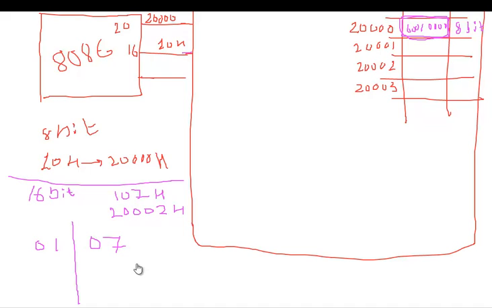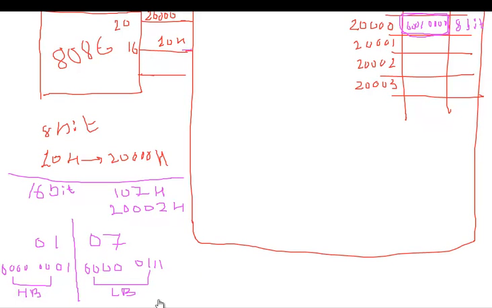The binary pattern of 07 is 0000 0111, and of 01 it is 0000 0001. This is called the higher byte and this is called the lower byte.